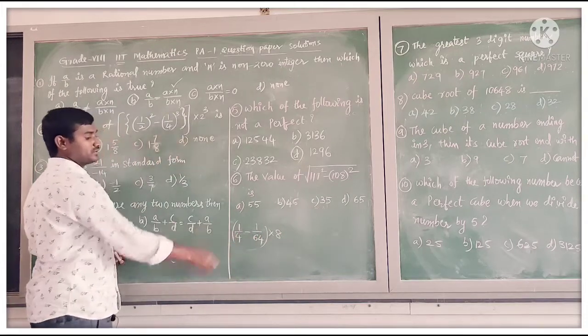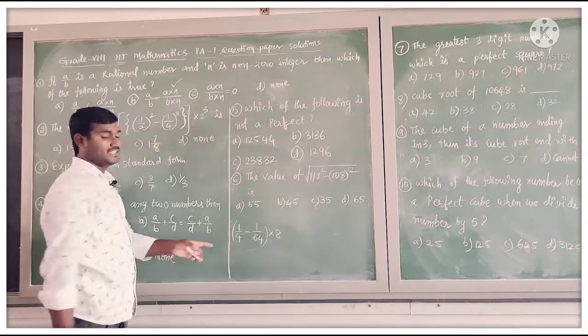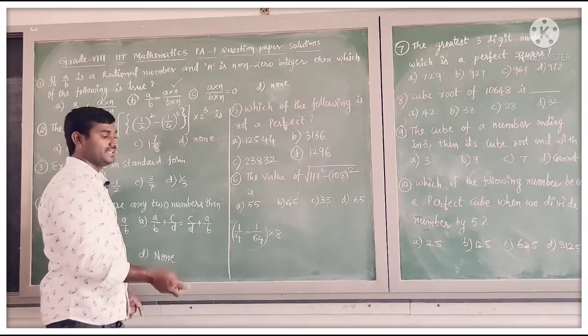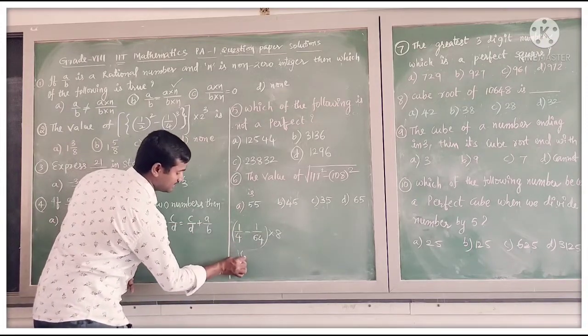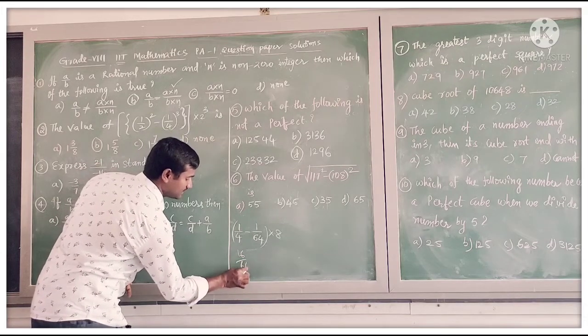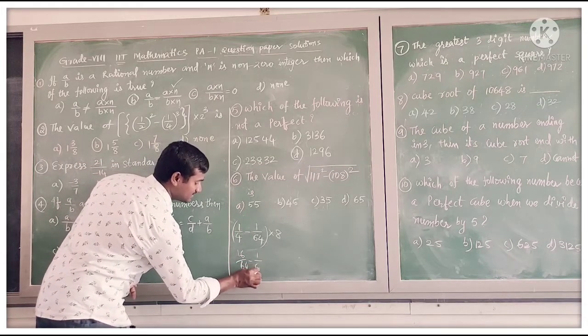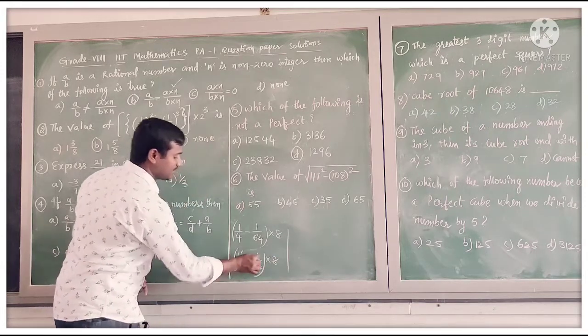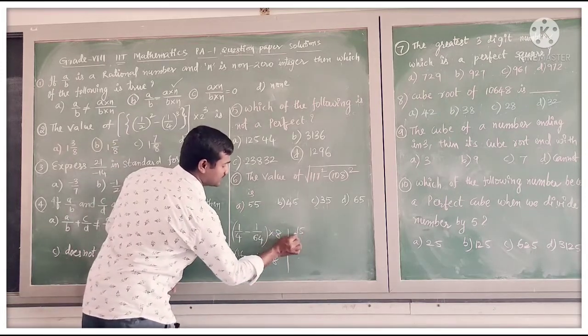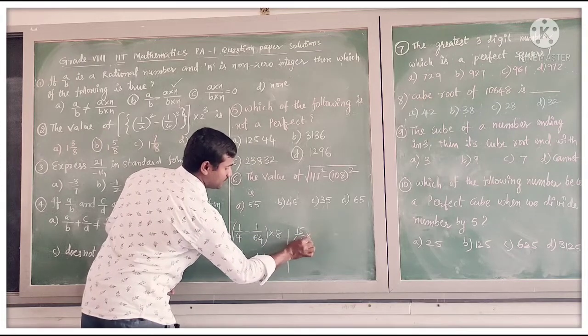So 1 by 4 minus 1 by 64. LCM of 4 and 64 is 64 only. To get 64, 4 into 16 is 64. That's 16 by 64 minus 1 by 64, into 8. So this we can write 16 minus 1, 15 by 64 into 8.